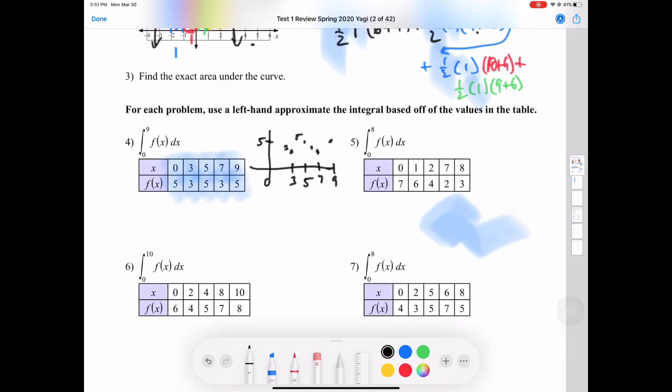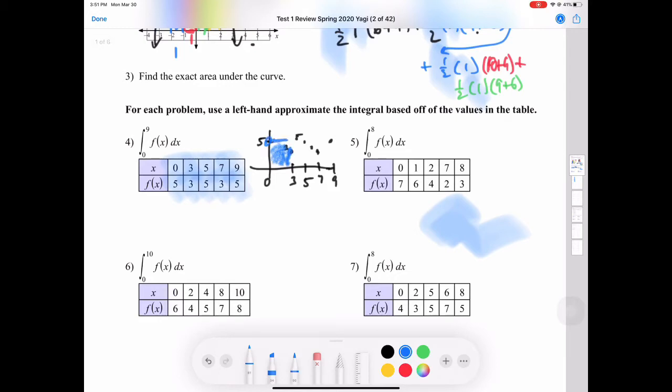Now, if we're doing a left-hand approximation, let me draw that again. For my first rectangle, am I going to choose the 3 or the 5? Well, we said left, right?